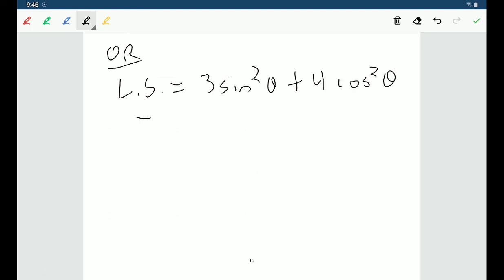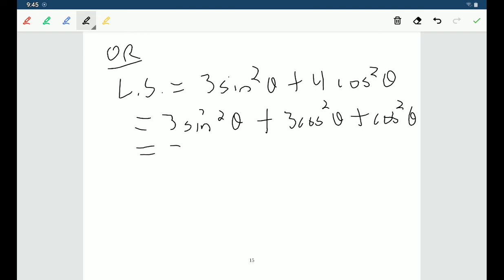And I'm going to rewrite this. The 3 sine squared theta I'll leave alone. The 4 cos squared theta, I'll split that up into 3 cos squareds plus 1 more cos squared. And the reason I did that is because I know that I could then factor 3 out.